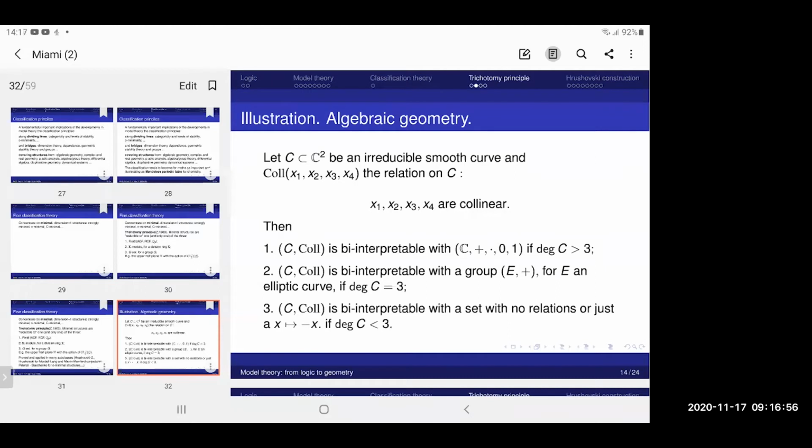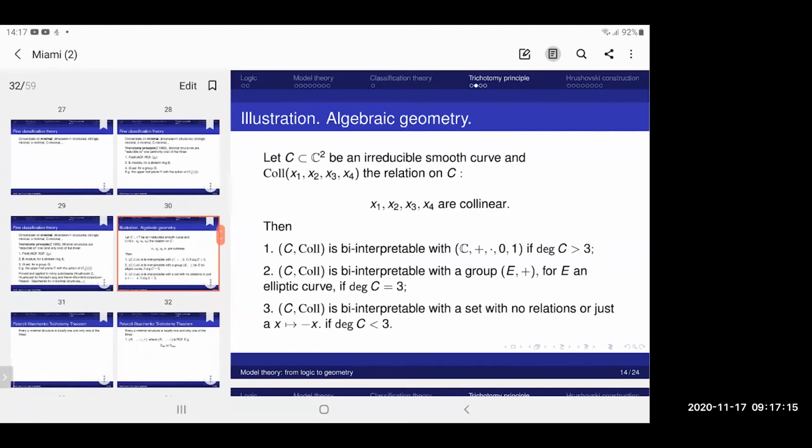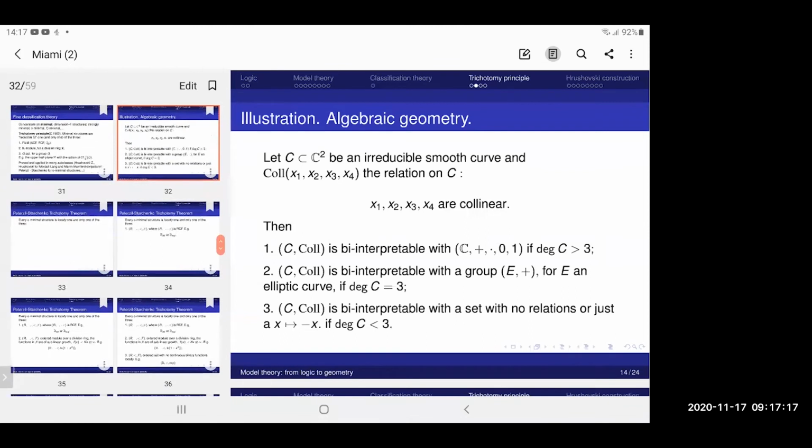And of course in the third case you have something very simple. We actually call this sort of structures trivial type geometries. Here it is just an illustration, and I think it's good to think about this and maybe try to do some exercises about it.